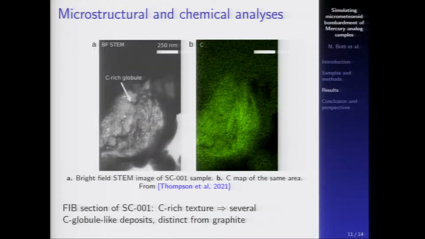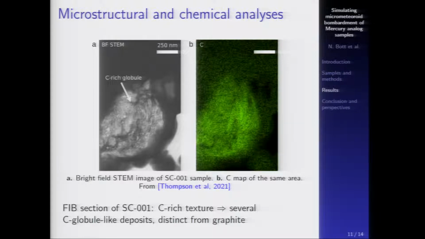And now if we analyze more specifically these thin FIB sections of the samples, if we start with the San Carlos olivine, we can look, for example, at the carbon texture, and we can see that they look like a globular deposit, and they are carbon-rich, as we can see on the right with this carbon map.